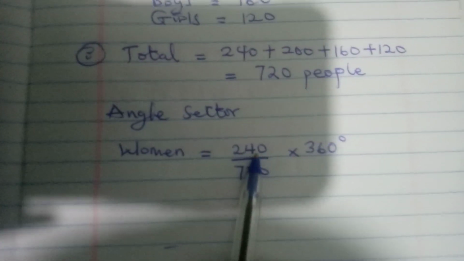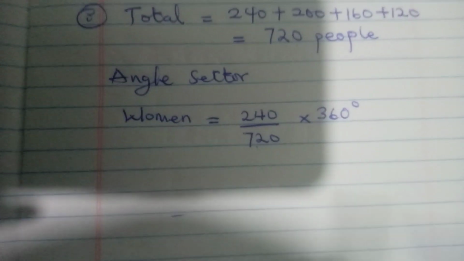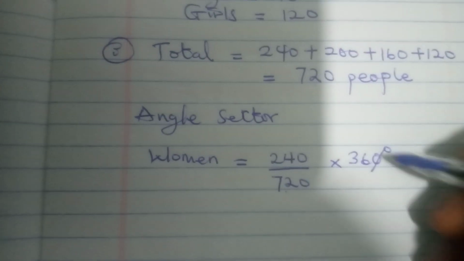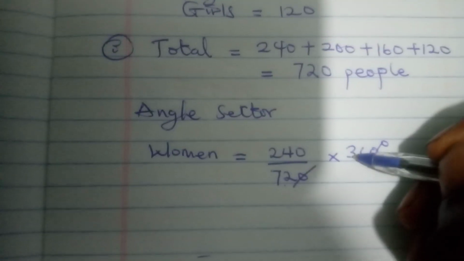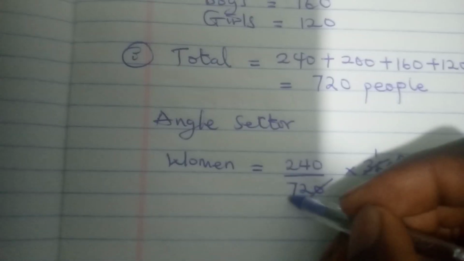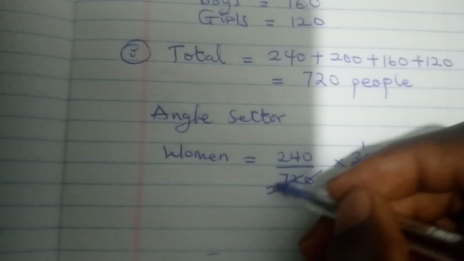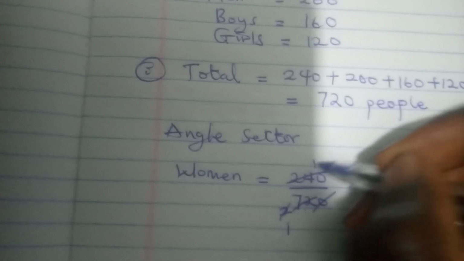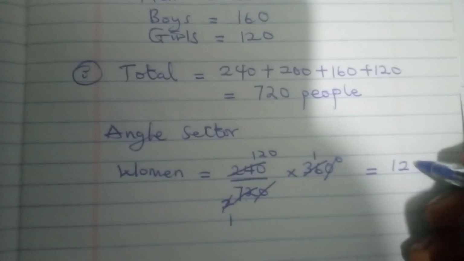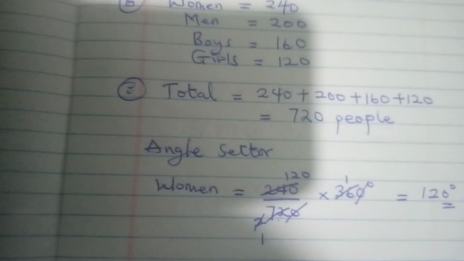Then we cancel out. So this 0 will cancel out this 0. 36 into itself 1, 36 here 2. 2 here 1, 2 here 120. So the angle sector for women is 120 degrees.